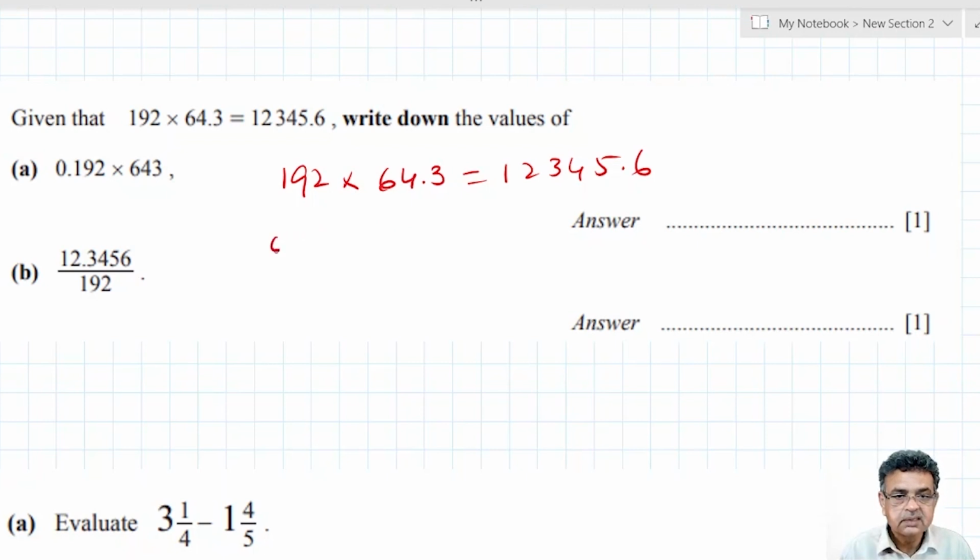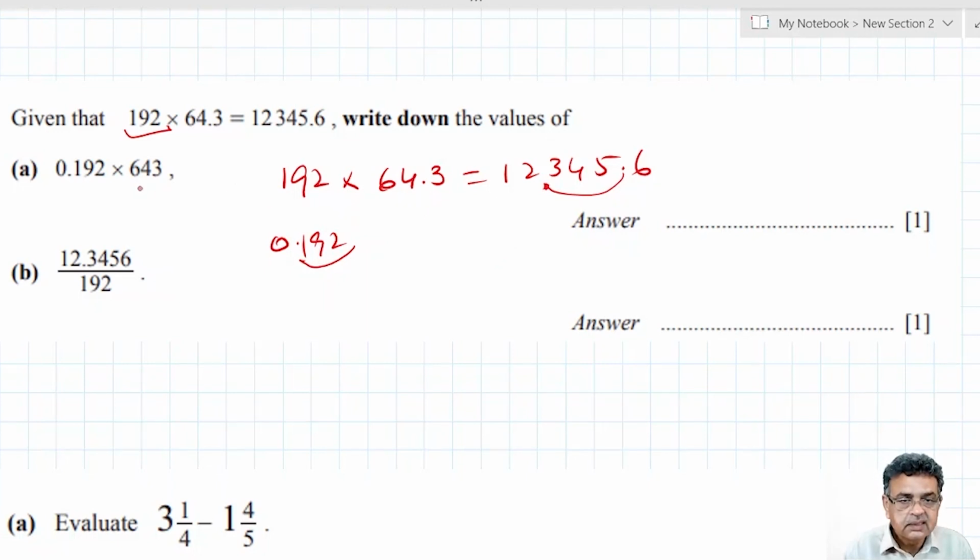If this is 0.192, that means this number is made smaller by 3 decimal places, so this number will also be made smaller by 3 decimal places.